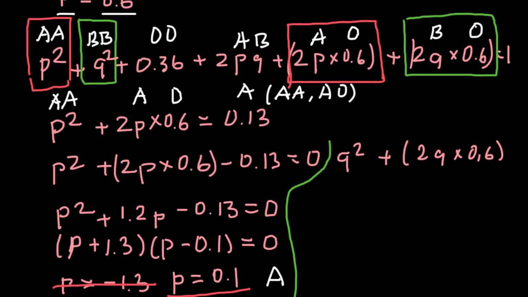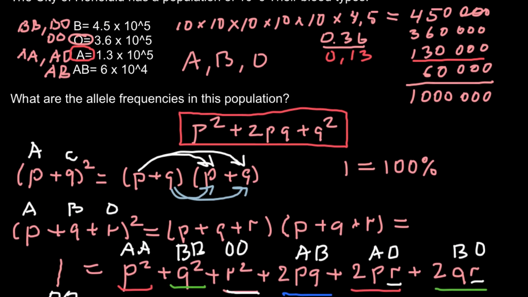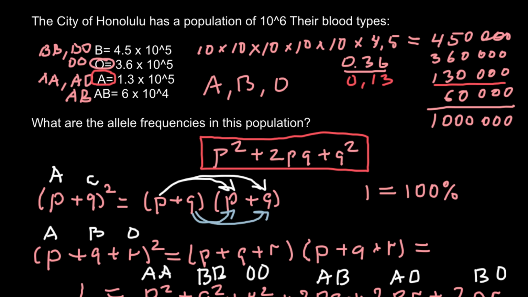Let me go back to our initial problem. So let's find the frequency of the phenotype B. So this is phenotype B here, and this phenotype is made by two genotypes, BB and BO, and we have 450,000 people who belong to this phenotype.